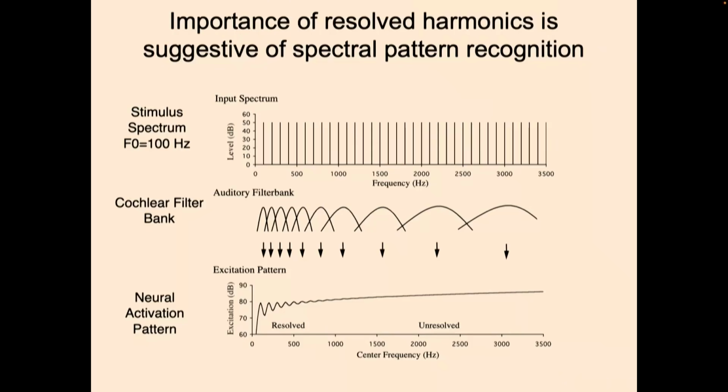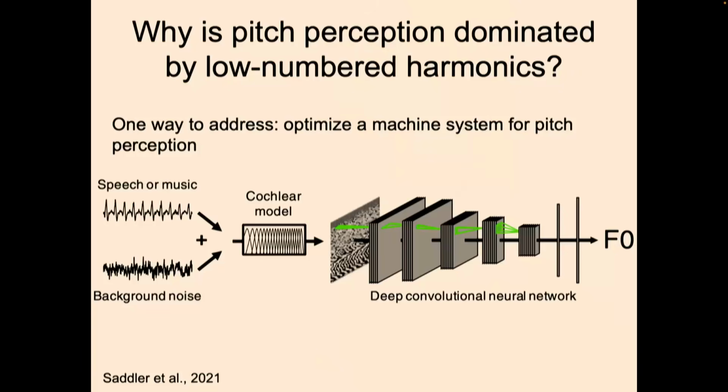All right, so we see these phenomena in perception, and then it's natural to wonder why things are the way that they are, right? And so some of the new tools that we have at our disposal due to the advances of machine learning give us some new ways to investigate some of these questions about why things are the way that they are, right? And so one of the things that we can do to try to understand the nature of human perception is to optimize machine systems to solve what we think are some of the same problems that human perceptual systems are designed to solve.